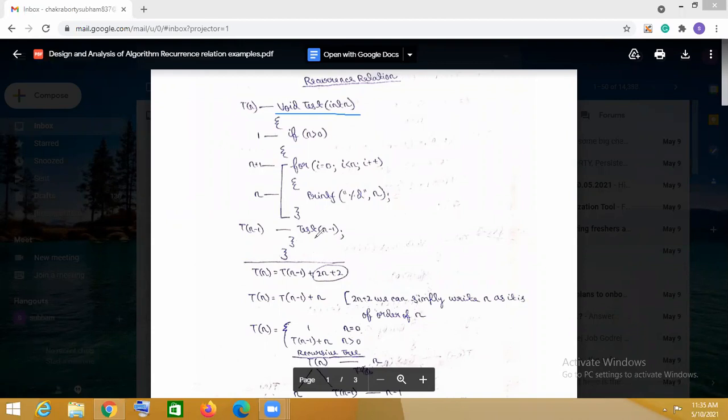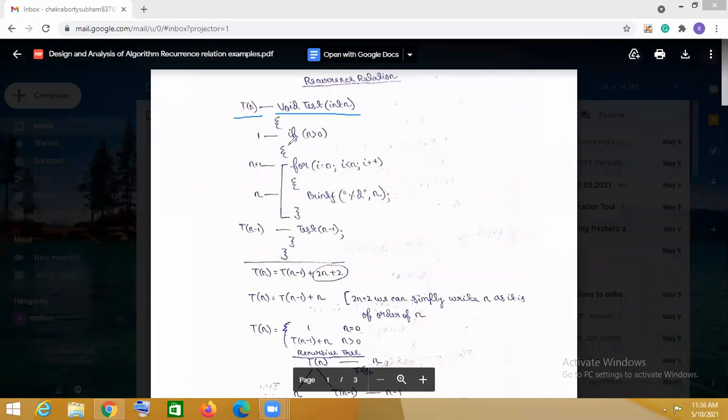To solve this problem we can use the recursion tree or tracing tree, and after that we can solve it using the substitution method for solving recurrence relations. So first we calculate the total time taken by this algorithm. The total time taken by this algorithm is T(n), the whole void test function, so the total time of this algorithm is T(n).